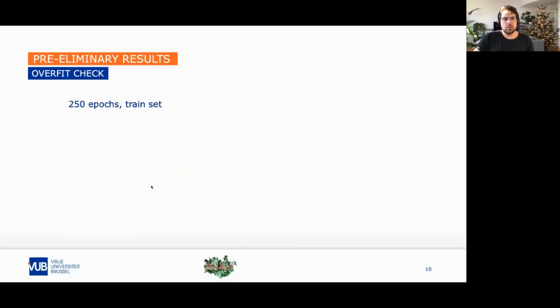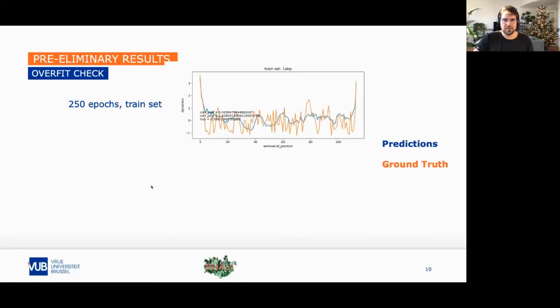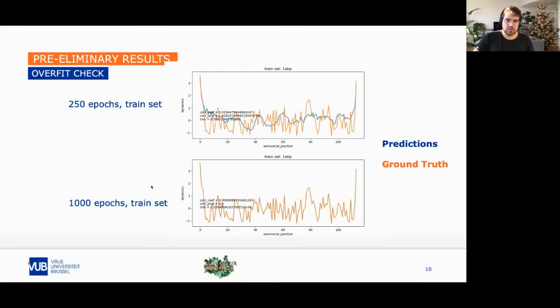When we check 250 epochs on the training set, for a protein for which we have only predicted the dynamic parameter, we see that it hasn't overfitted yet. Blue should be aligned with the orange, but it's not quite there yet. However, when we go to 1,000 epochs, we can see that this overlap has been reached. This means that our model at least is complex enough to represent our problem.